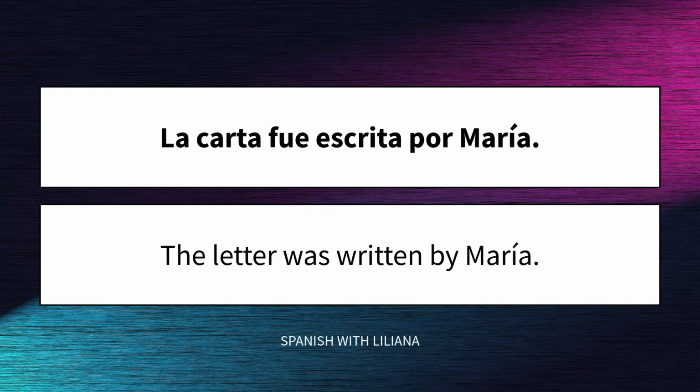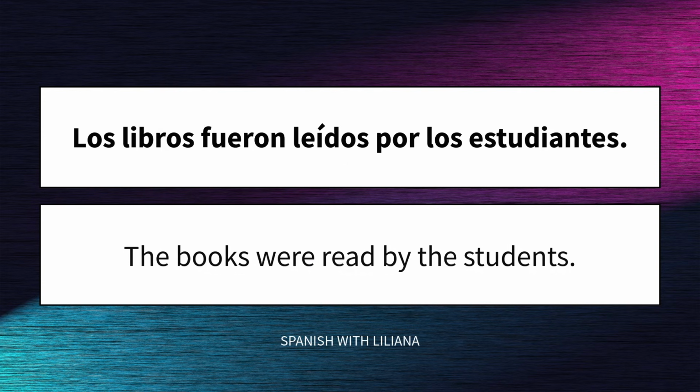For example, la carta fue escrita por María. The letter was written by María. So here, escrita matches la carta. It's a feminine noun. Los libros fueron leídos por los estudiantes.